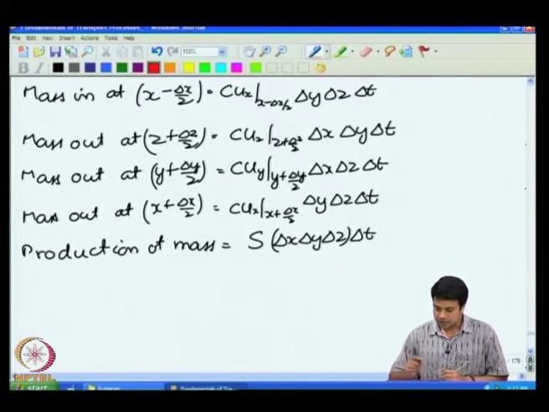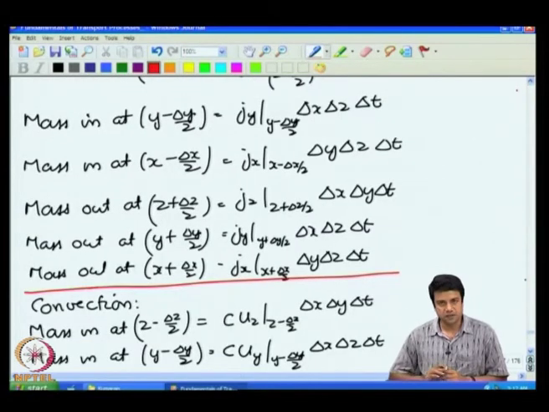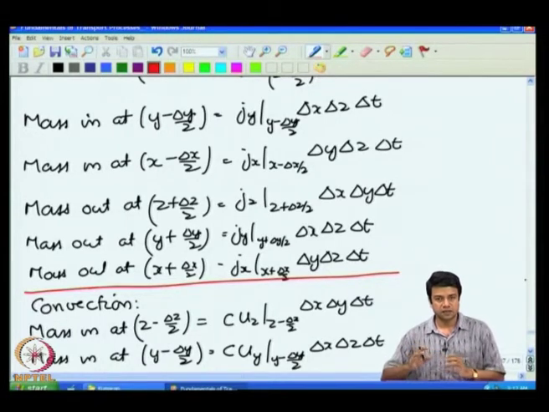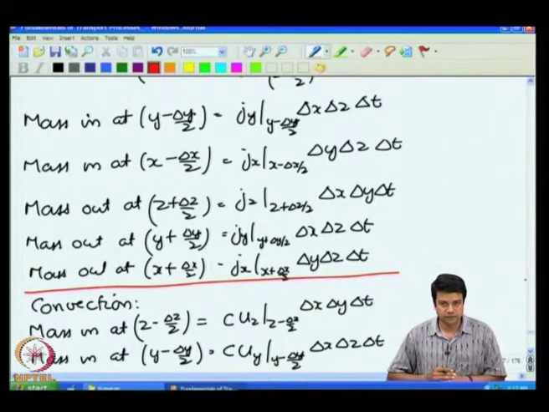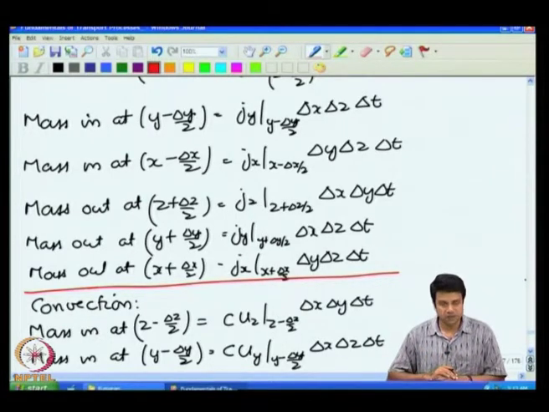In addition to that, there is also mass coming in and leaving because there is fluid flow. A fluid velocity carries mass with it, and therefore, if fluid comes into the differential volume, there is going to be a net mass coming into that differential volume. That is the convective transport. The fluxes that I have just calculated are the diffusive parts, they are due to diffusion. There is also a convective part due to the mean convection.